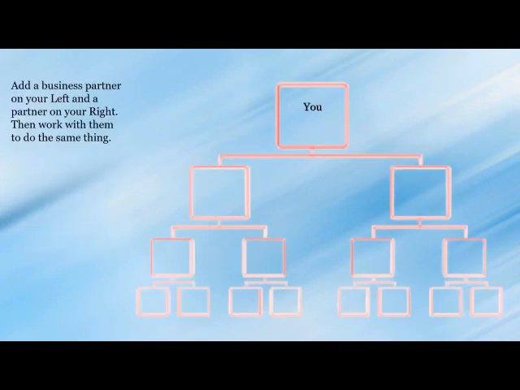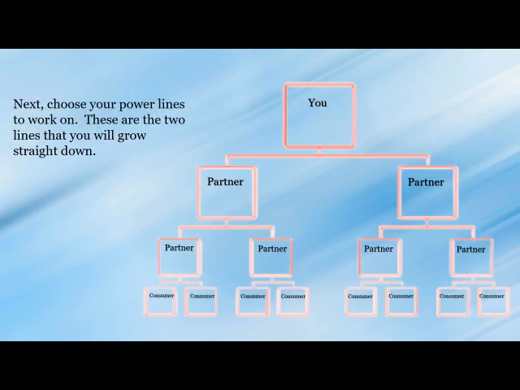And now you add a business partner to your left or to your right side, and then teach them to do the same thing. So we add the business partners, and what do they do? They can add partners as well. And they continue on. And we have partners, and then we've got those consumers down there.